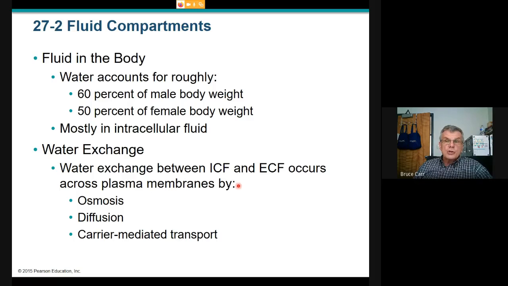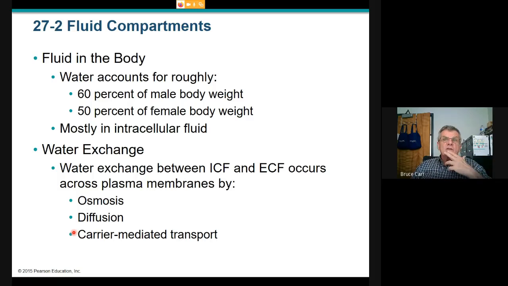The forces that are at work across that membrane: osmosis, that special kind of diffusion that moves water across the membrane; diffusion, the general force that would work on any molecule; and carrier-mediated transport, whether it's passive, facilitated transport requiring no energy, or whether it's active and you're burning ATP.